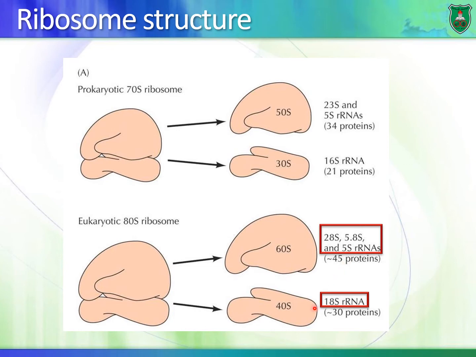The small ribosomal subunit is mainly composed of one rRNA molecule, which is the 18S rRNA. That's in human cells. Okay. So what is S? S stands for Svedberg, and it is a unit for measuring the mass of a molecule, taking into consideration its shape.